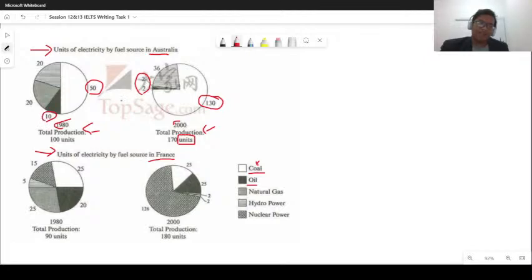Now do note that there is one difference, and that is in the year 2000, the lowest are two types of fuel, oil and I think natural gas. But in 1980, the lowest is clearly only oil.